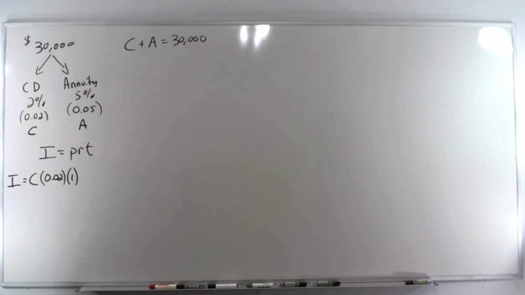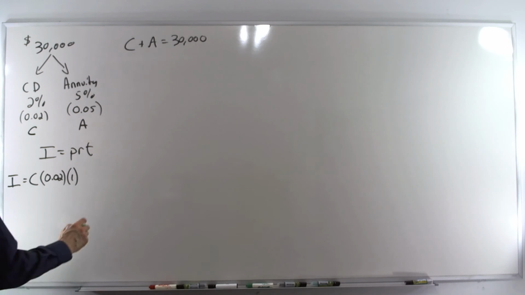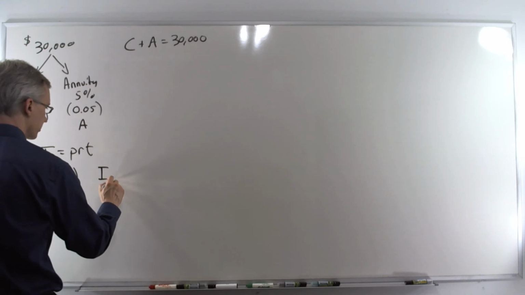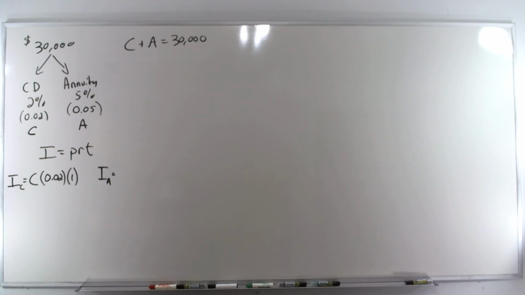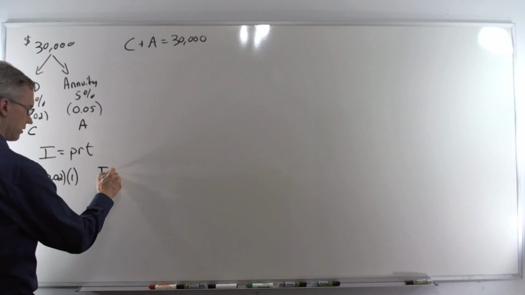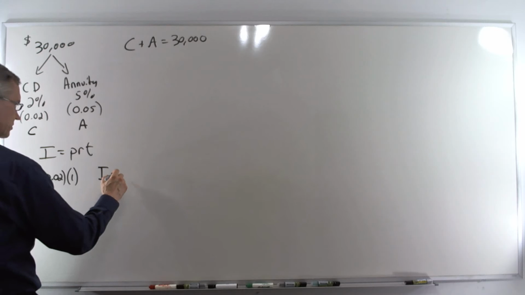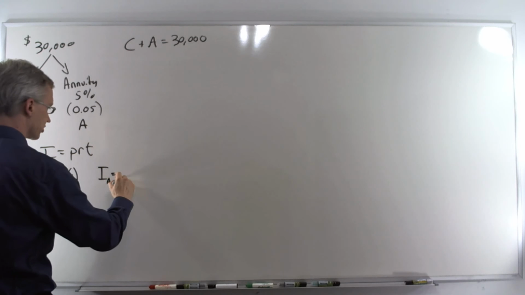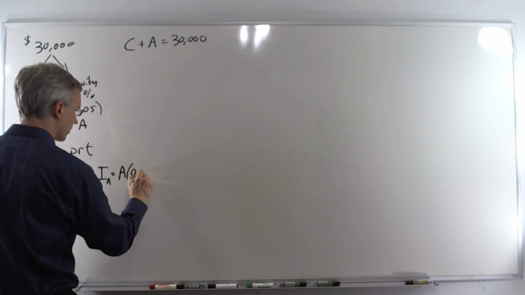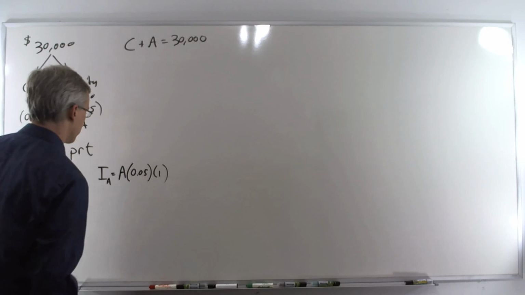So there's the interest for the CD account. I'll do the same thing for the annuity account. I'm going to call these IC and IA just to make sure that's clear. Subscript means what we're talking about: interest on the CD, interest on the annuity. You don't have to do that, I'm just used to doing things that way. So now we've got the amount we put in the account, which is A, times the rate, which is 0.05, times the time.